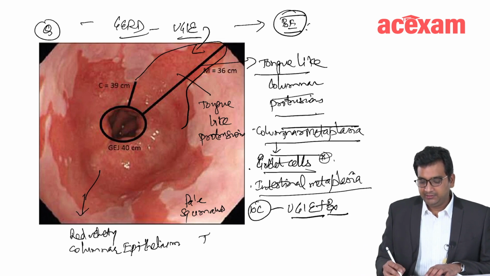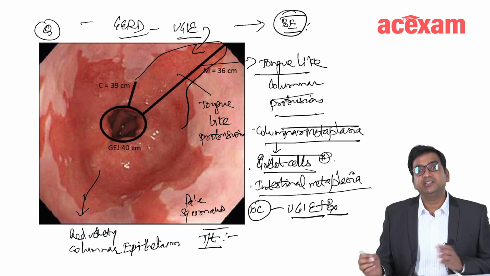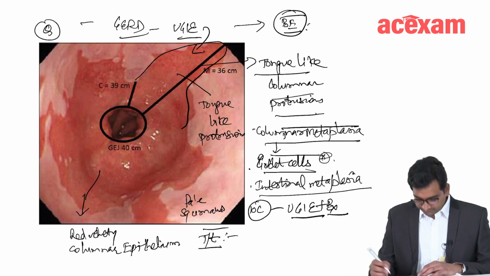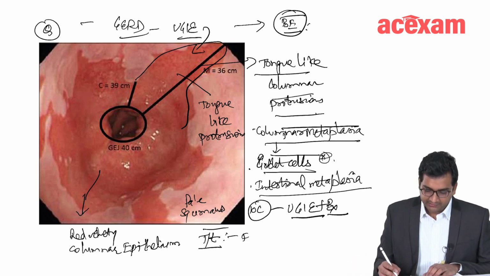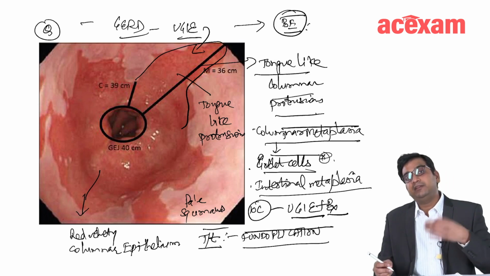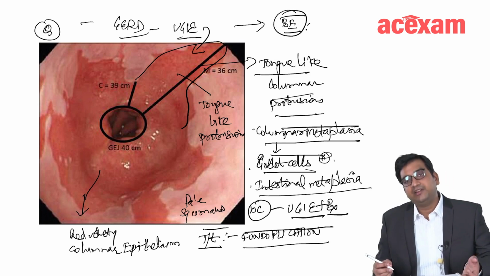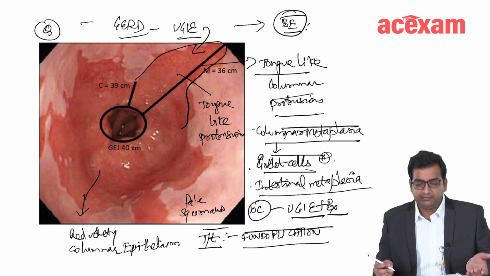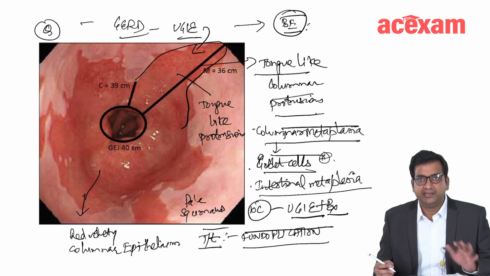and what is the treatment? As it is associated with GERD, we will go for fundoplication. Okay, normally in cases of GERD, we may wait for lifestyle modification or PPIs, but in case of Barrett's esophagus, we will have to go for fundoplication.